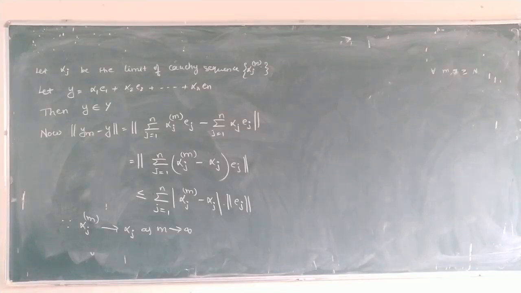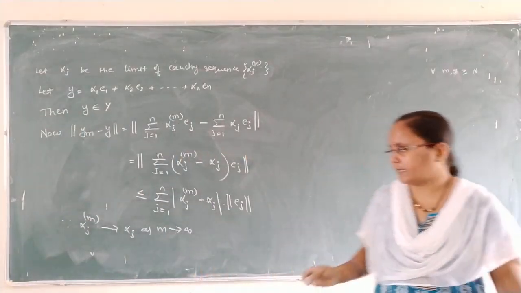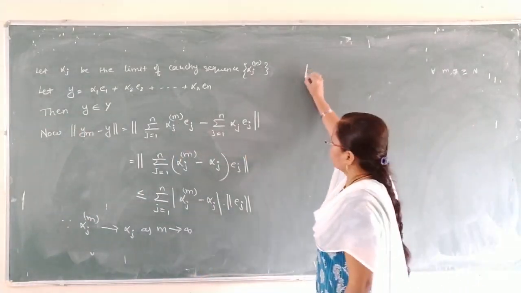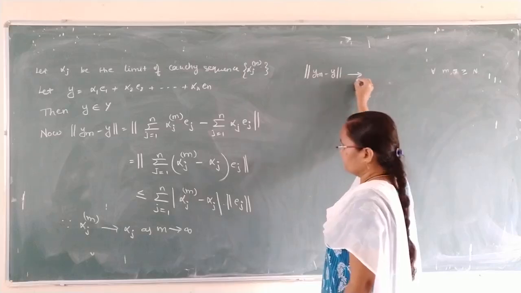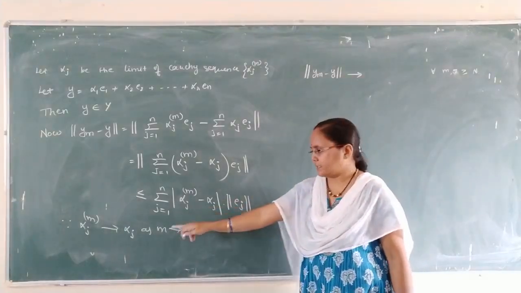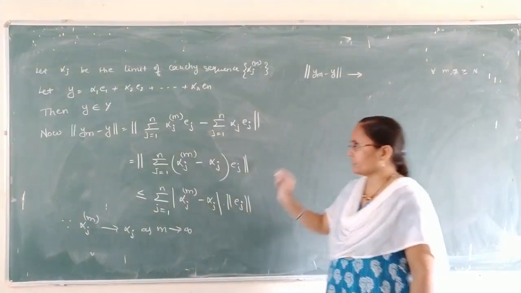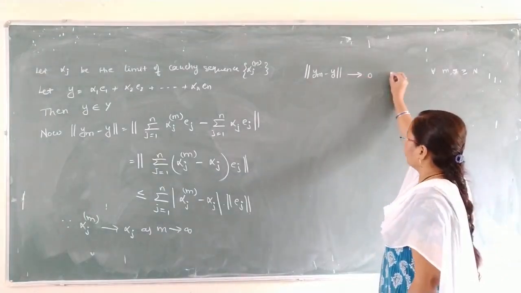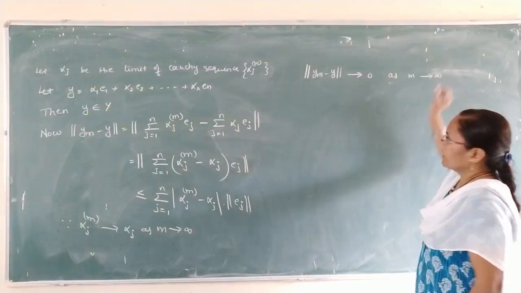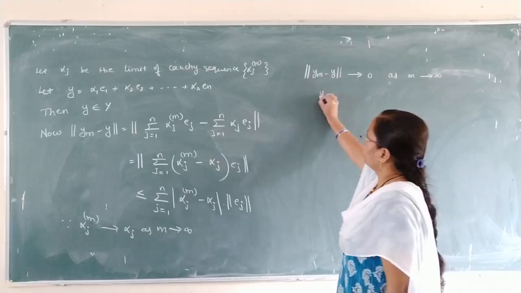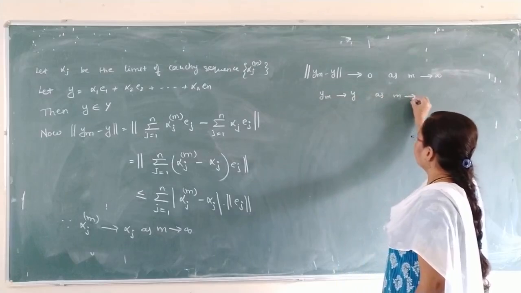Now see our next lemma, substituting this value. Then our next line is norm ym minus y tends to, so in place of alpha j, substitute alpha jm, substitute alpha j, then alpha j minus alpha j becomes 0. So it tends to 0 as m tends to infinity. Meaning here ym tends to y as m tends to infinity.